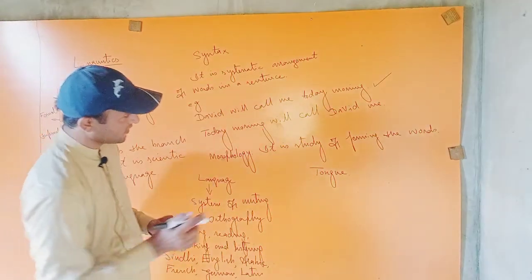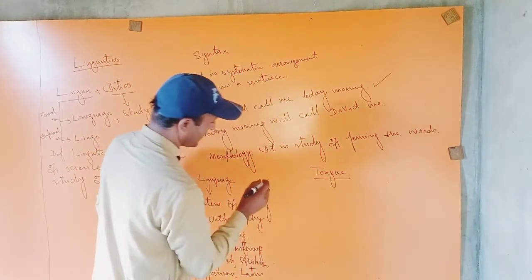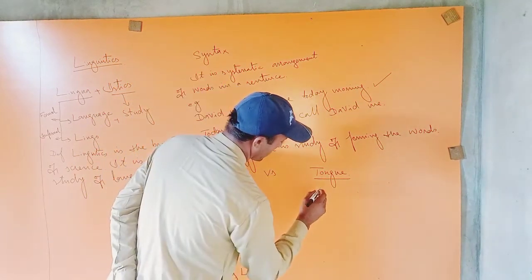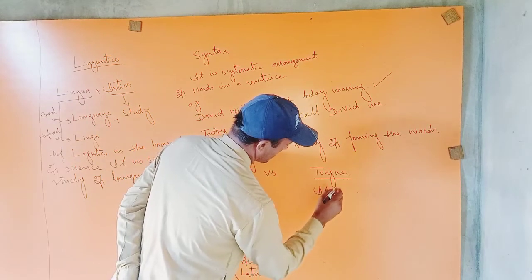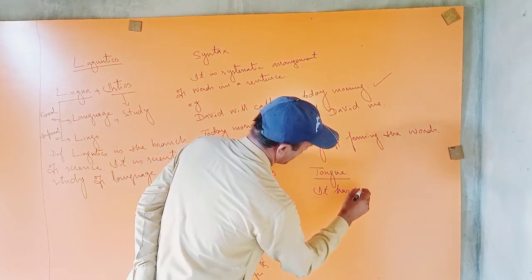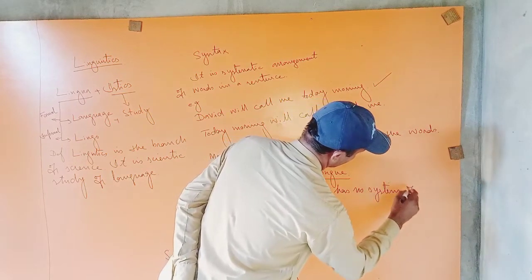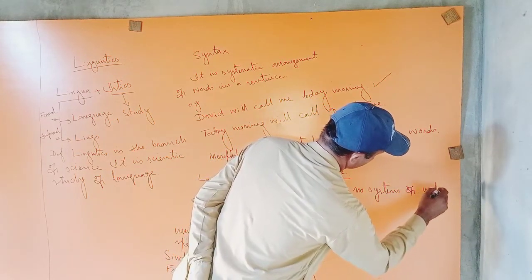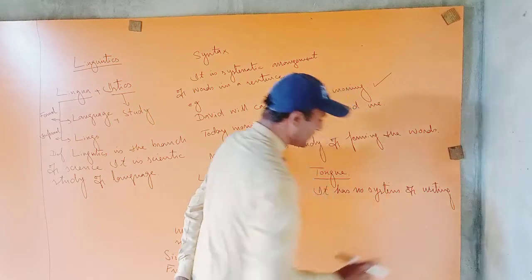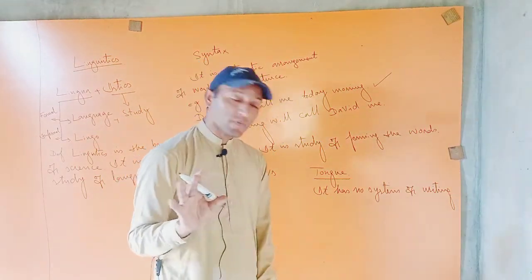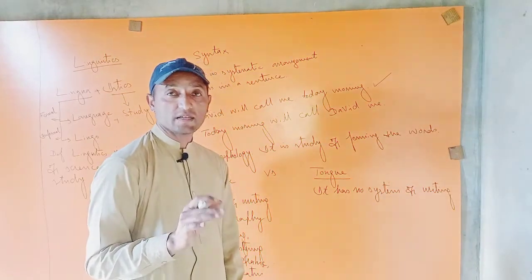Now come to the other topic, tongue. It has no system of writing. It means we cannot write a tongue, but we can speak and listen.